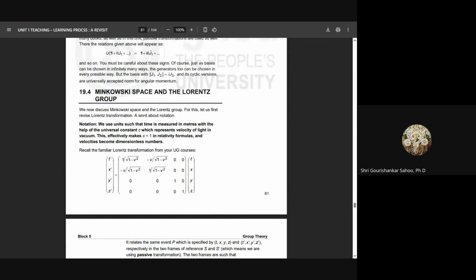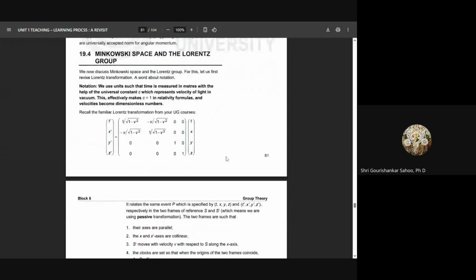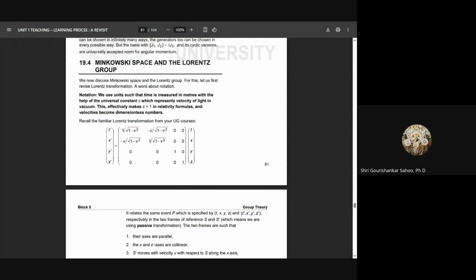Then Minkowski space and the Lorentz group. It is very useful in the theory of relativity. Here you can use units such as time, and you can measure it in meters with the help of a universal constant c, the velocity of light in vacuum. It effectively makes c equal to 1 in the relativity formulas, and velocities become dimensionless numbers.